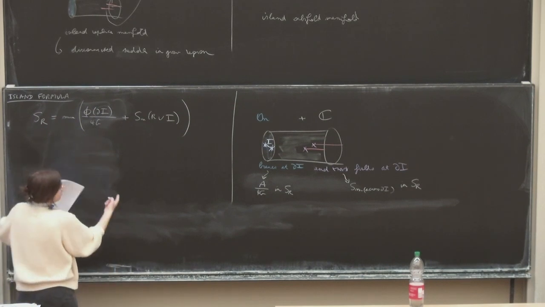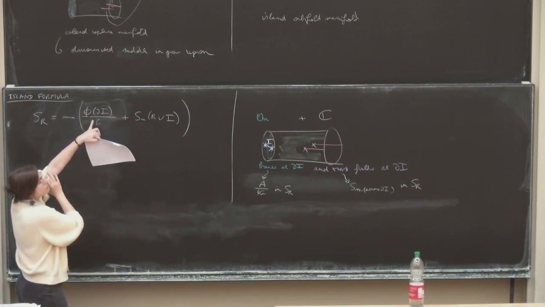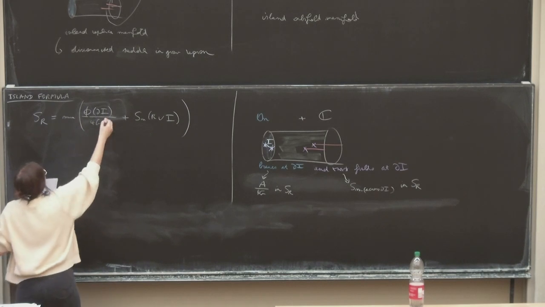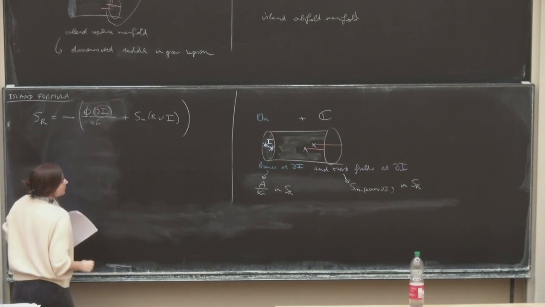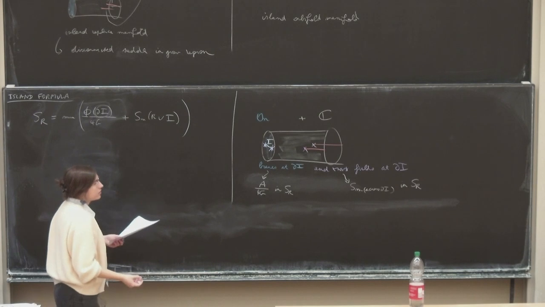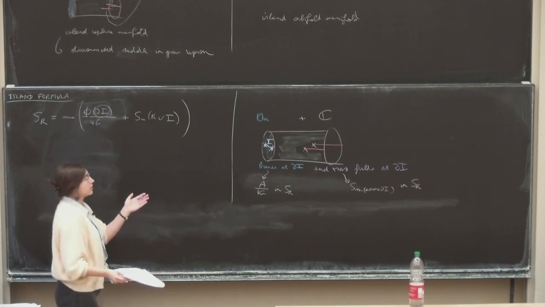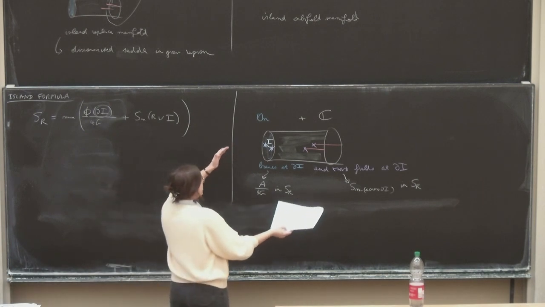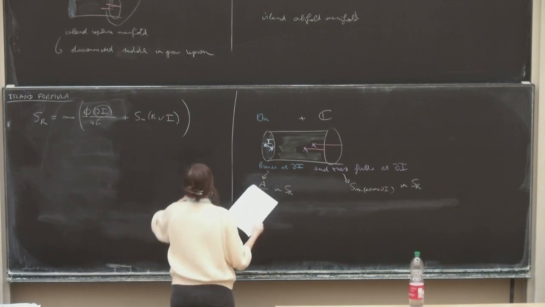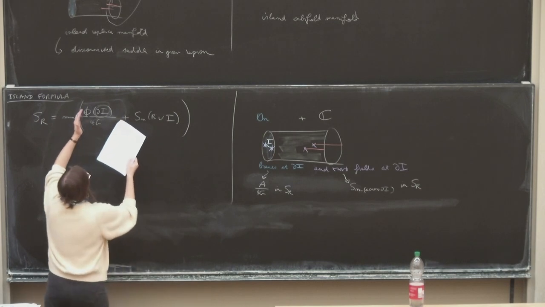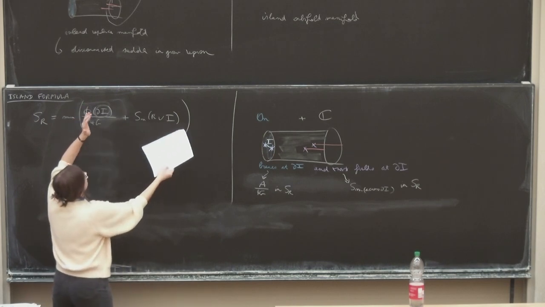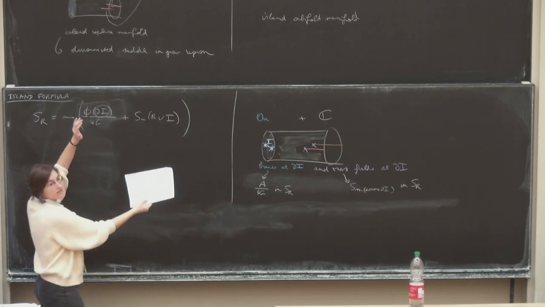And so like in the RT formula, the location ∂I is dynamically determined by gravity itself to be the one for which the surface area plus the matter entropy is extremized.